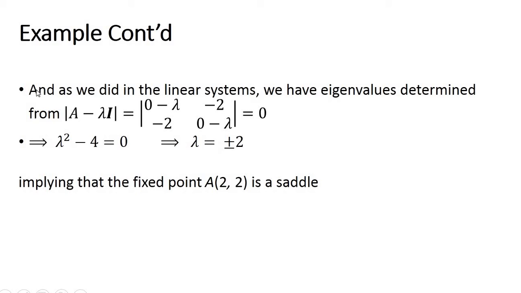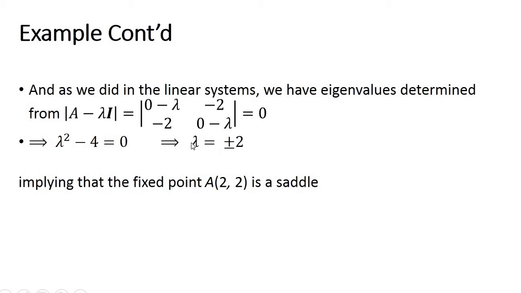Alright, so let's continue checking the stability of the nonlinear system. As we did in the linear system, we determine eigenvalues from A minus lambda I, so the Jacobian minus lambda: the determinant of minus lambda, minus 2, minus 2, minus lambda equals 0. The product of the diagonal gives minus lambda squared, and the other product gives minus 4, which is the characteristic equation.